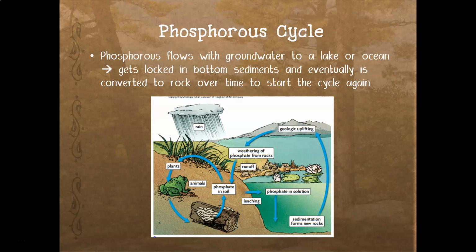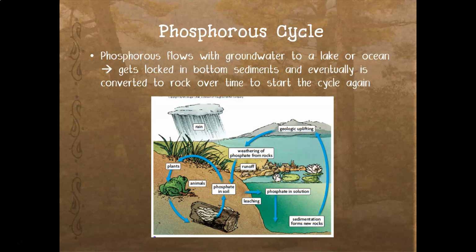And because of geologic processes like uplift, mountain building processes, for example, eventually that rock will get pushed back up to the surface to allow for rain and weathering processes to once again break it down off of those major rock formations, return it back to the soil to then be taken up by living plants that then work it up the food chain.